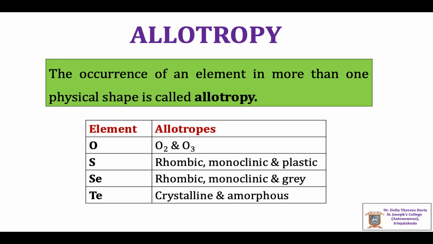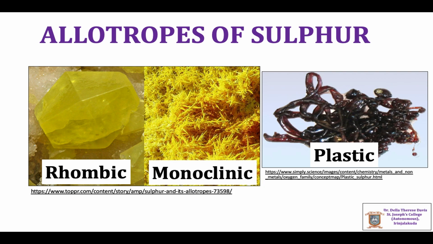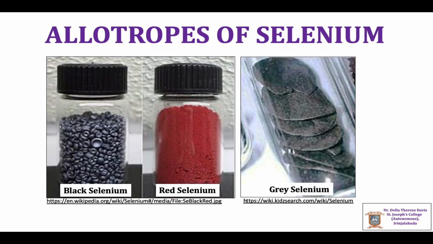Tellurium also exists in crystalline and amorphous forms. The allotropes of sulfur, monoclinic, rhombic and plastic sulfur, are shown here. The three forms of selenium, black, red and grey selenium, are shown in the figure.